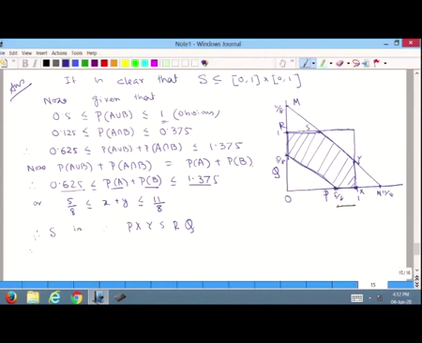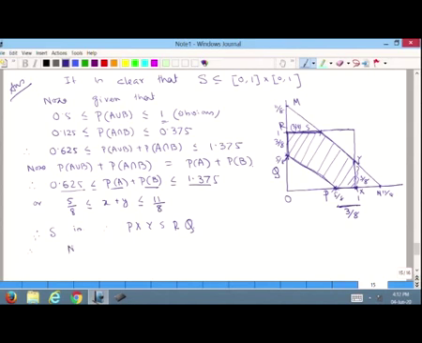This is 3/8, this is 3/8, this is 3/8, and this is also 3/8. These are the lengths. We need to compute the length of XY, and we will compute the length of PQ.